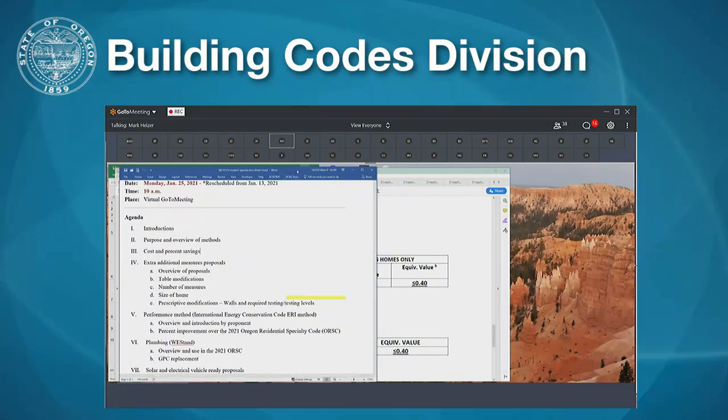What we're looking to do is get any additional feedback from everyone by Monday, February 1st. I will look at my calendar one more time to make sure I said the date correctly. Yeah, that's correct, Mark, the 1st.